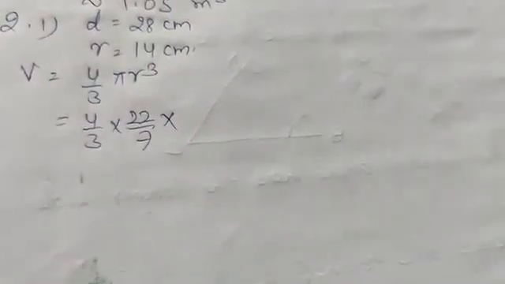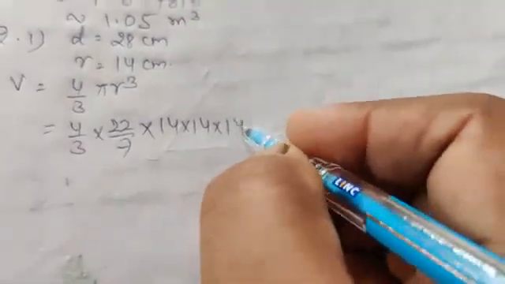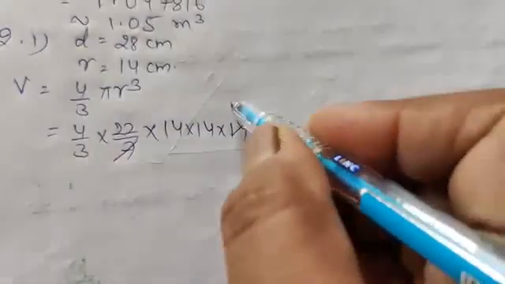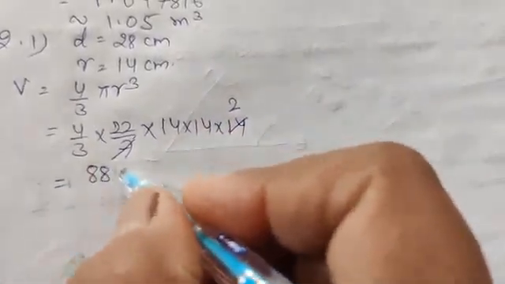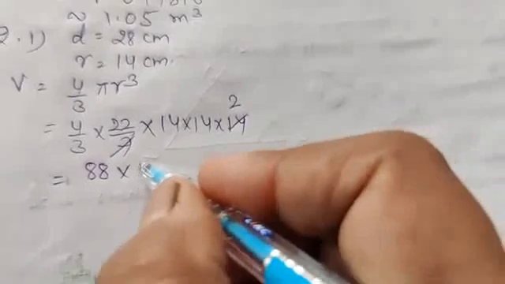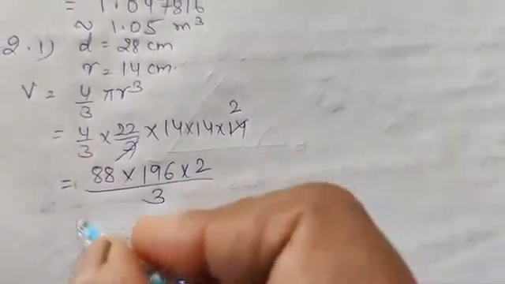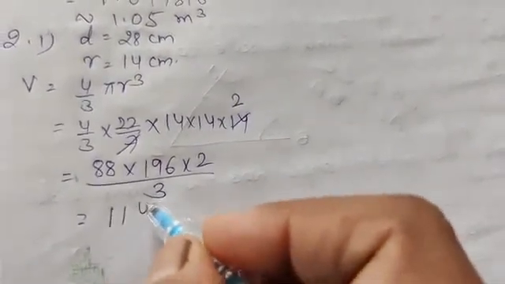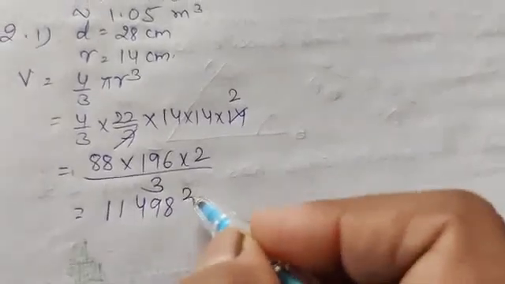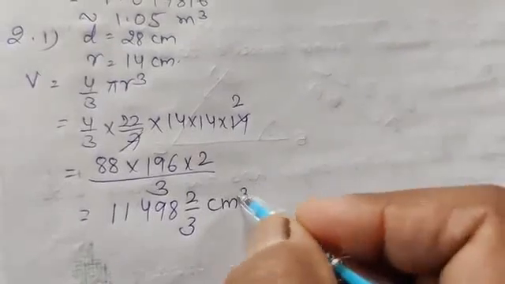Pi r cube means 14 into 14 into 14. 7 2 is 14. Now multiplying all this, 22 into 4 is 88, 196 into 2 by 3. You will get the final answer: 11498 and 2 by 3 centimeter cube.